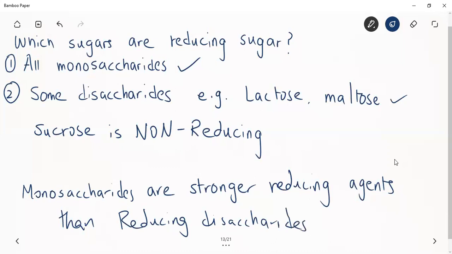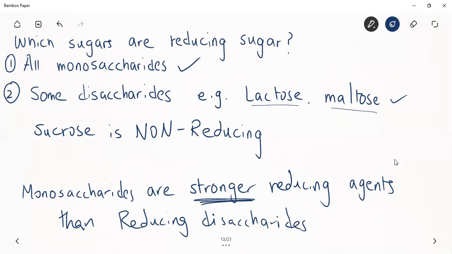So we have a very important sentence here: monosaccharides are stronger reducing agents than the reducing disaccharides. First of all, what are reducing disaccharides? Disaccharides which can reduce, for example, lactose and maltose. Because they can reduce the reagent, they are called reducing disaccharides. So monosaccharides are stronger reducing agents than lactose and maltose. It is enough for you to remember this sentence.